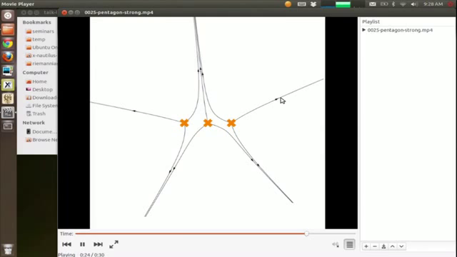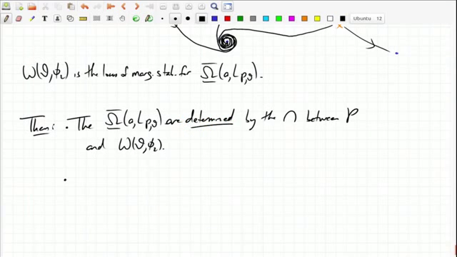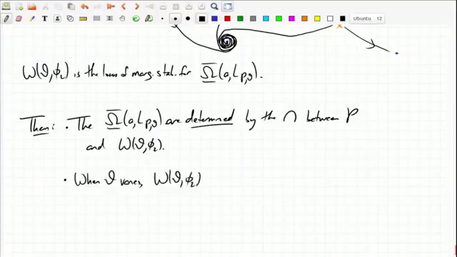Okay, so let me write. What's the moral here? When you vary this parameter theta, this W can jump. When it jumps, these omegas also jump.